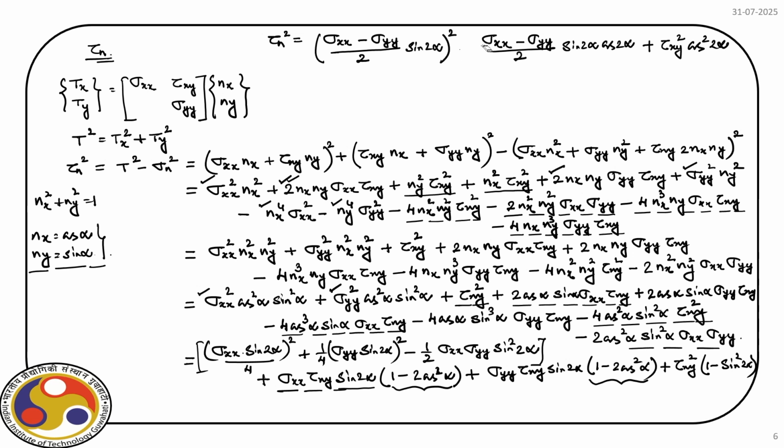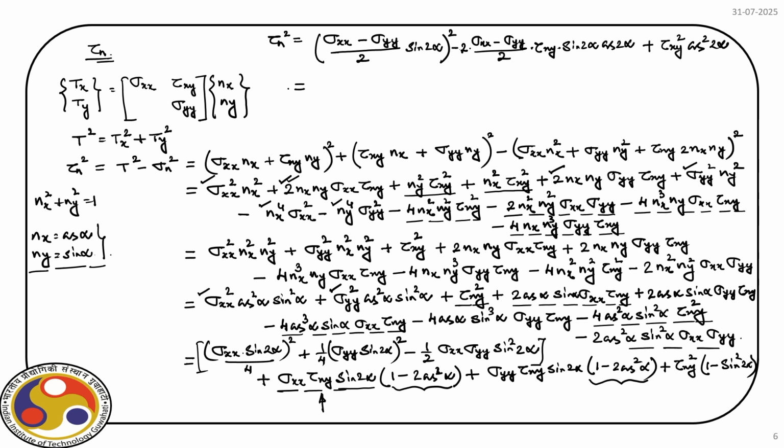So, let me rewrite this term once more. We have minus 2 times (sigma xx minus sigma yy)/2 times tau xy, because we have tau xy here, right. Okay.